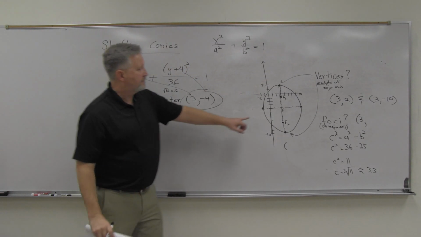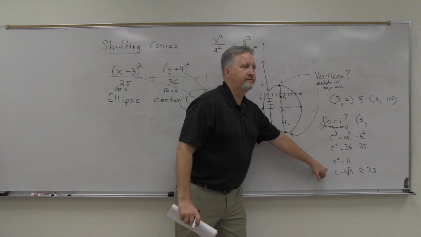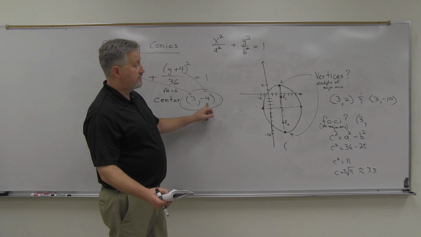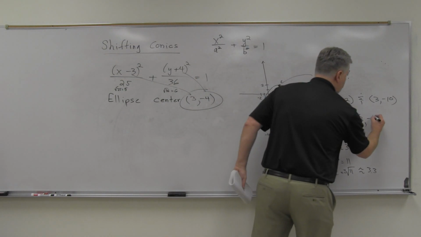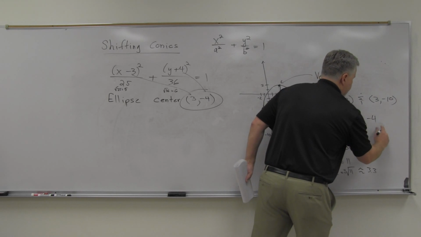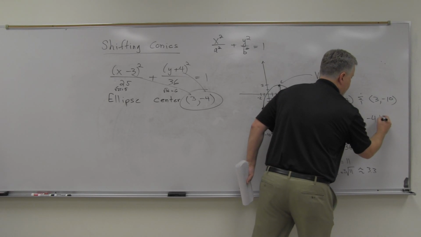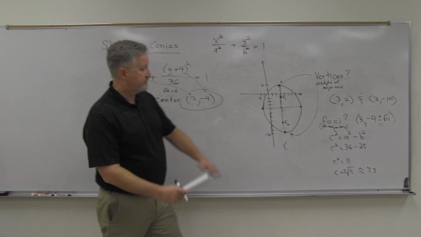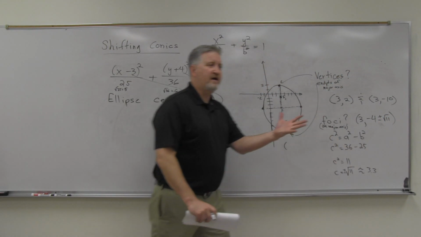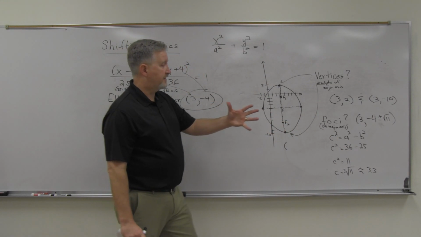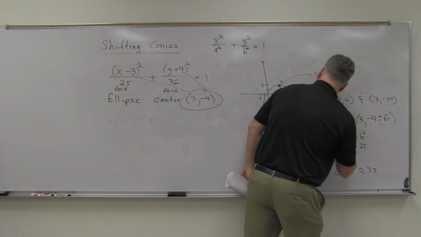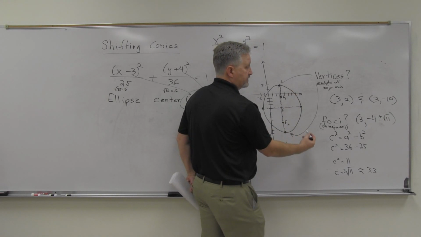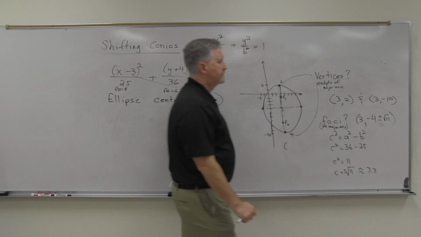What I'm doing is adding and subtracting this from the y value. So the y coordinate of the foci, what I need to do is add or subtract the square root of 11, or the 3.3, to that. That might help you get the values there. Because that's what I'm doing, adding and subtracting about 3.3.